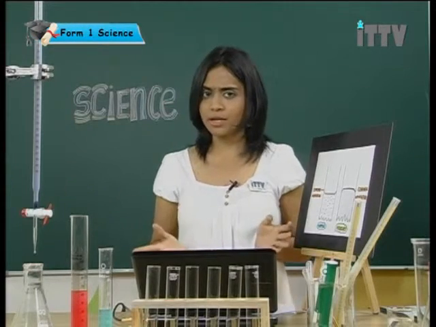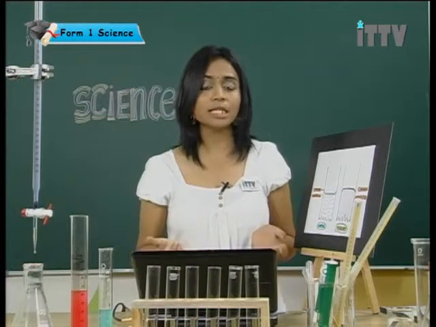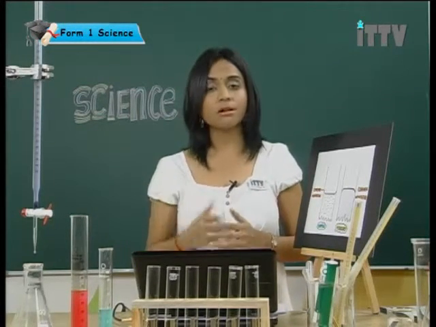What about a burette? How does it differ from a pipette? When using a burette, clamp it vertically on the retort stand and pour the liquid into it with a filter funnel. So when using a burette, what do you need? You need a filter funnel and you need a retort stand other than the burette.